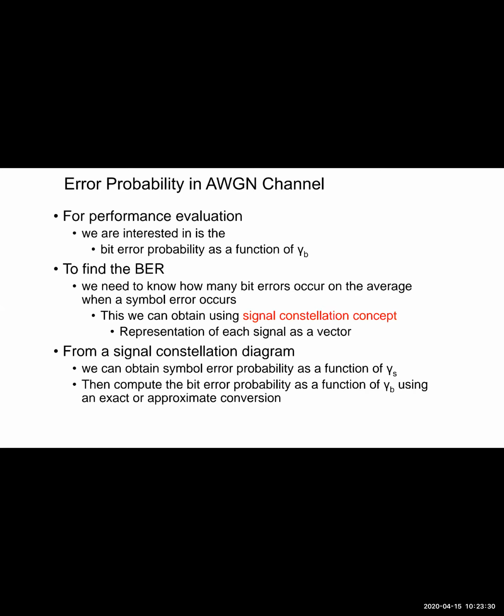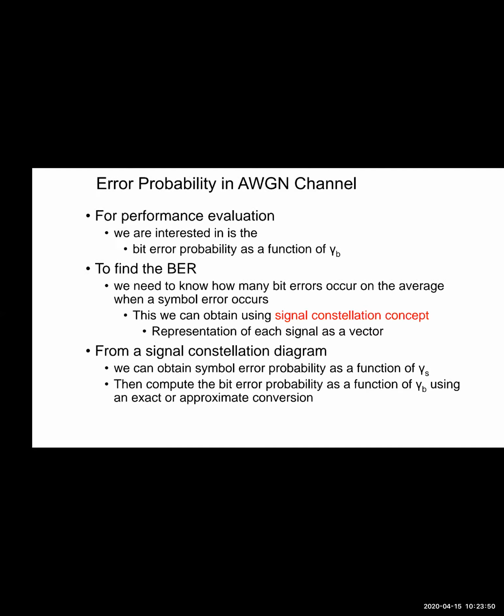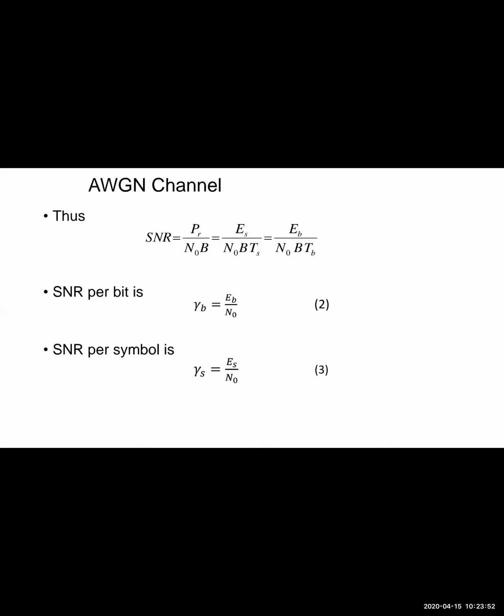So if you look at it, if you draw any graph, you have the bit error rate on the vertical axis, and then we'll have the gamma B on the horizontal axis. That's what we're going to do. Always it is what? What is this SNR per bit?